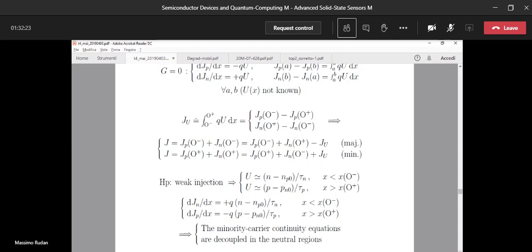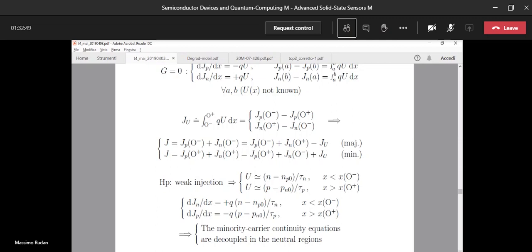You may argue that sometimes we may not be in the condition of using the weak injection condition. Actually, the theory that we can extract from this consideration is quite good, okay? So it applies to a large range of operating conditions of the device, okay?